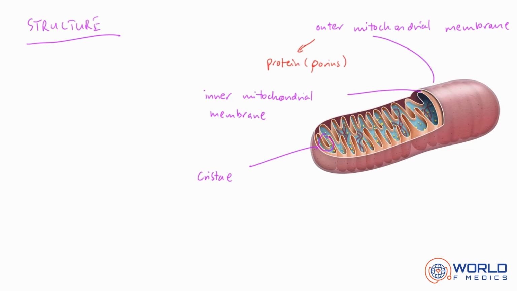Now, what about this inner space that the inner mitochondrial membrane is housing? That's called the matrix. And this simply contains enzymes, it contains ribosomes, which, if we remember, ribosomes are responsible for producing or synthesizing proteins.